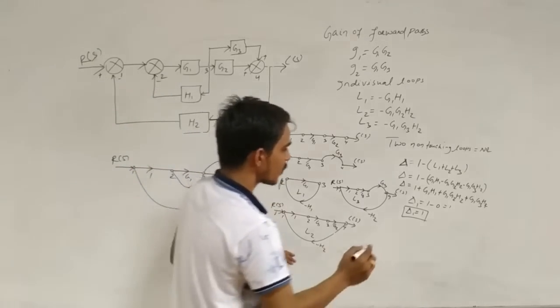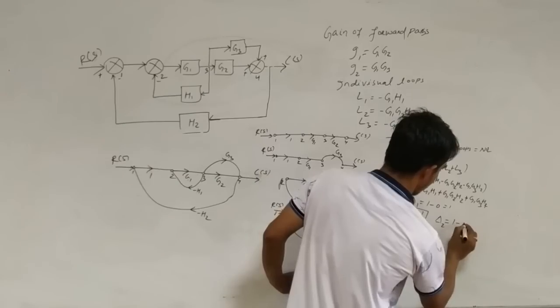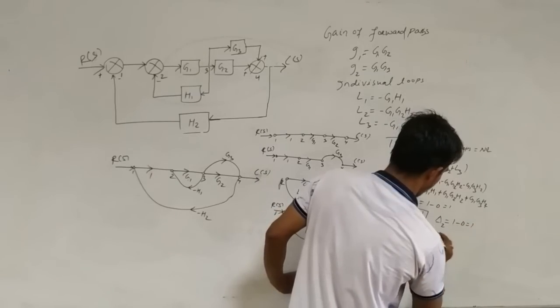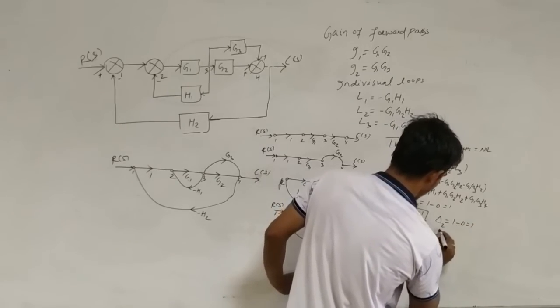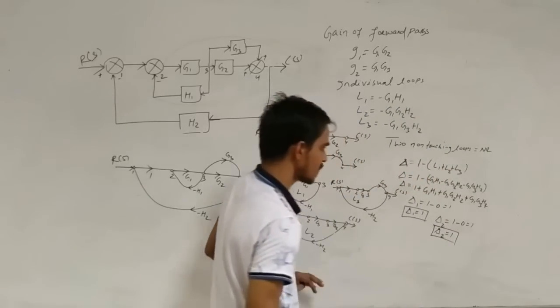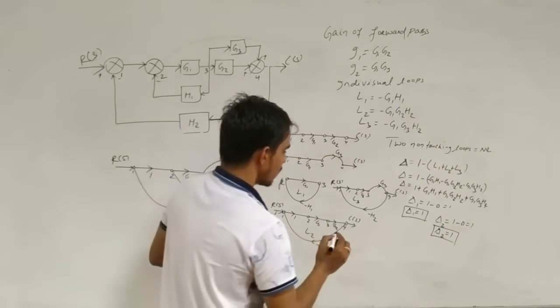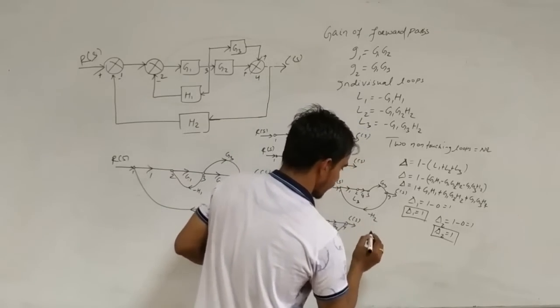So delta 2 equal to 1 minus 0, that is 1. So delta 2 equal to 1.